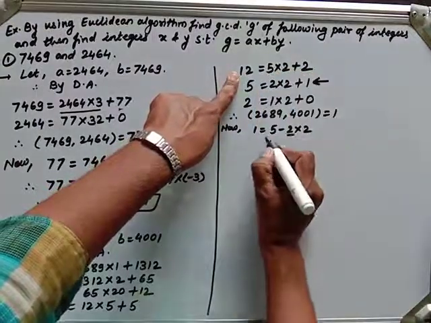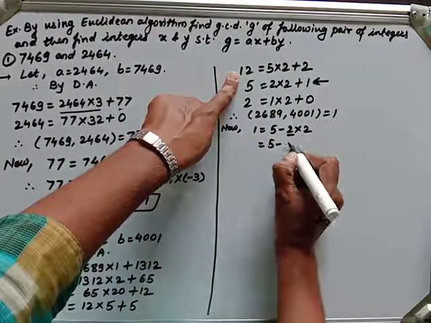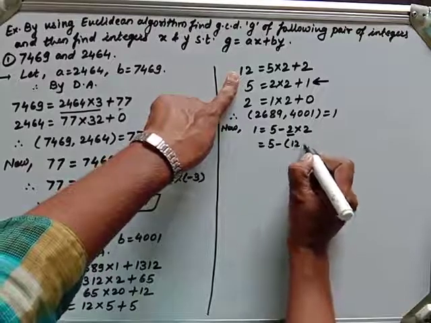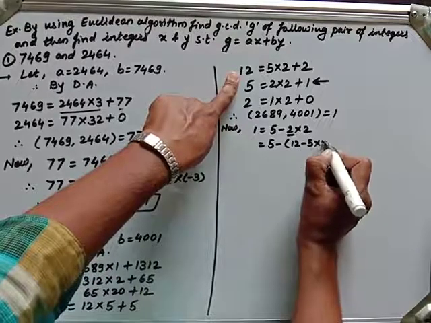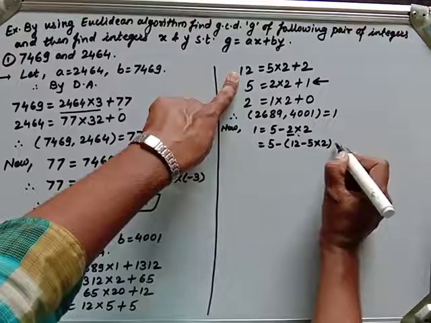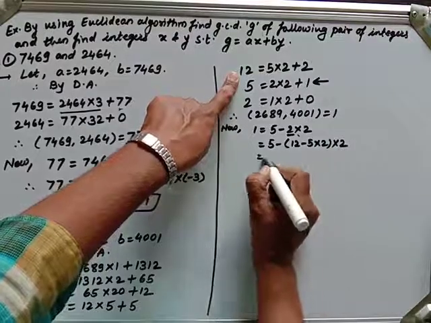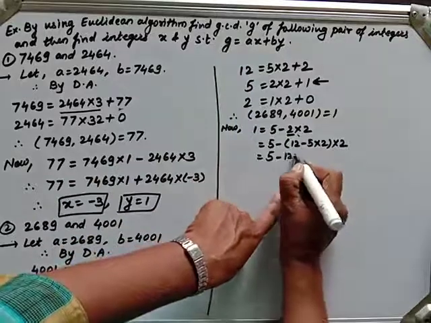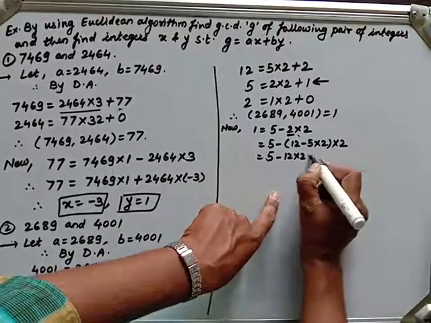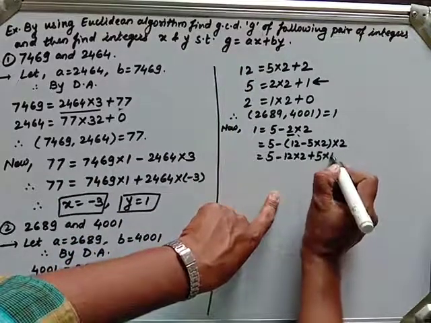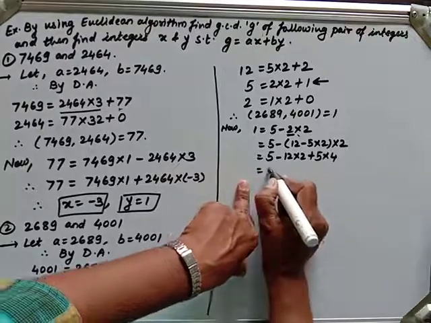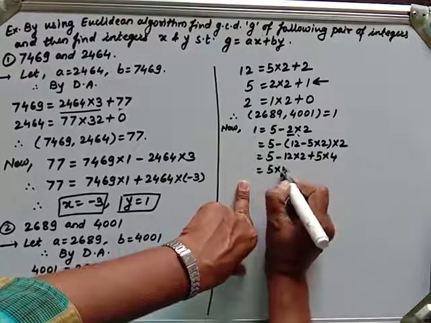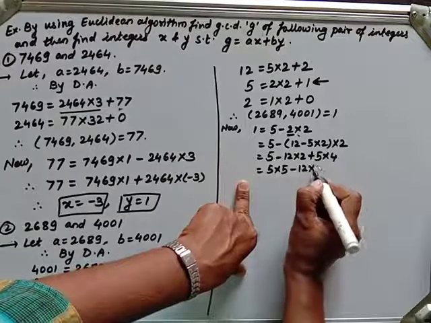So let me substitute it here. So 5 minus 12 minus 5 multiplied by 2, and this 2 as it is. So this will be 5 minus 12 into 2, and this minus minus becomes plus 5 into 2. So it will be 5 into 5 minus 12 into 2.